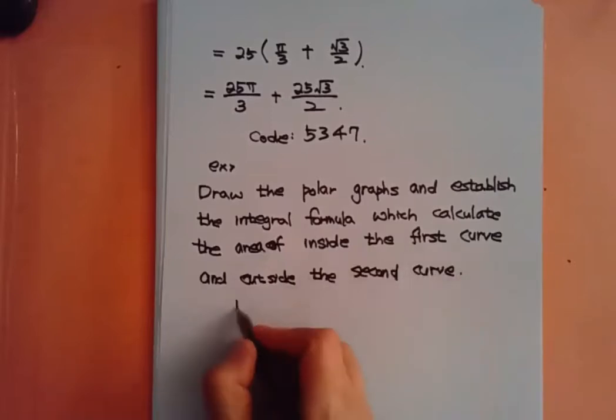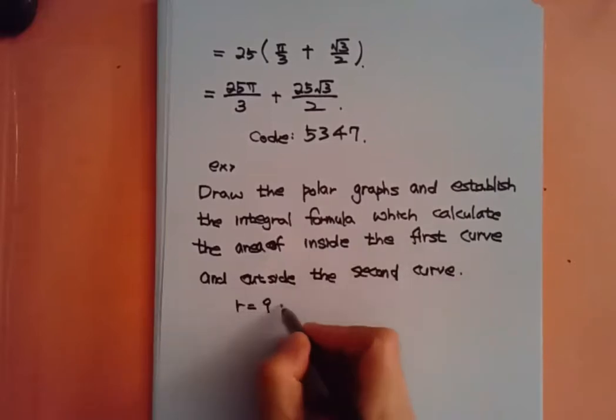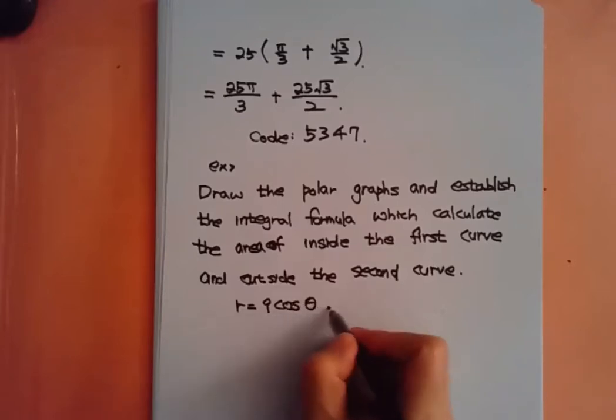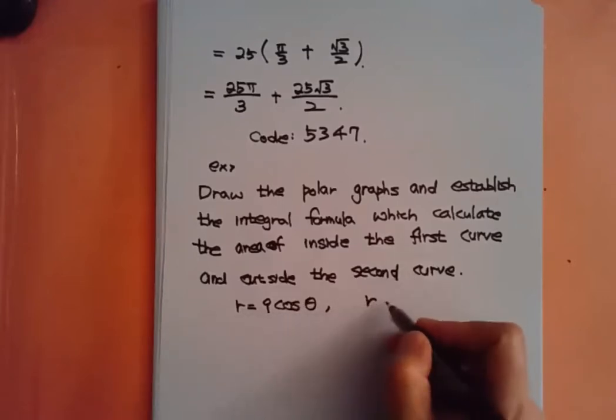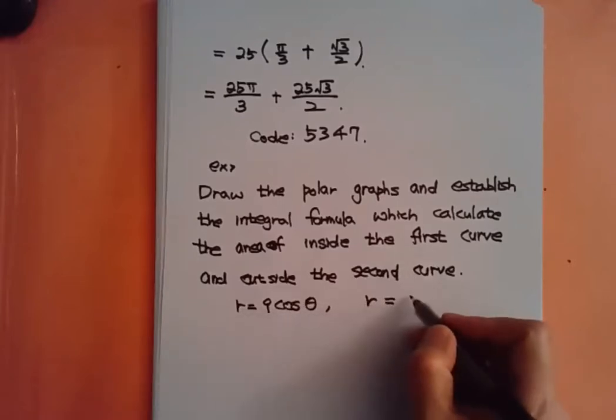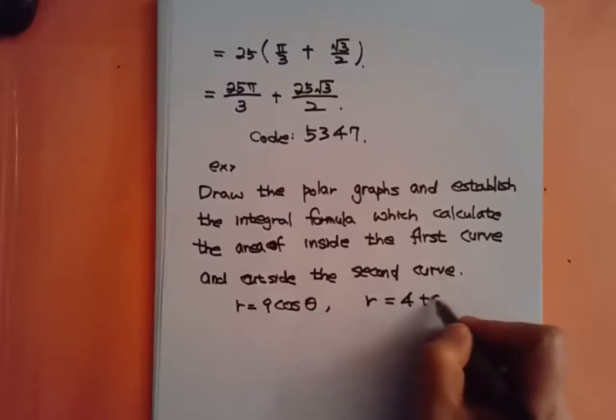The first curve is r equals 9 cosine of theta. The second curve is r equals 4 plus cosine of theta.